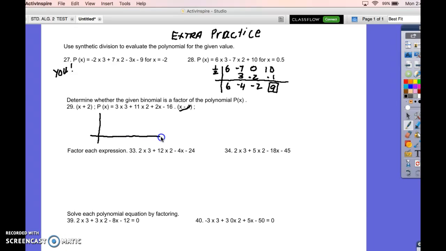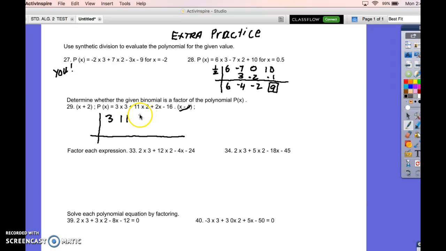And if we get 0 for the remainder, it will mean that x plus 2 is a factor. If we get a number which is not 0 for the remainder, it will mean that x plus 2 is not a factor. So let's go ahead and write the coefficients starting with the leading one of 3. We have 3. Next comes what? 11.